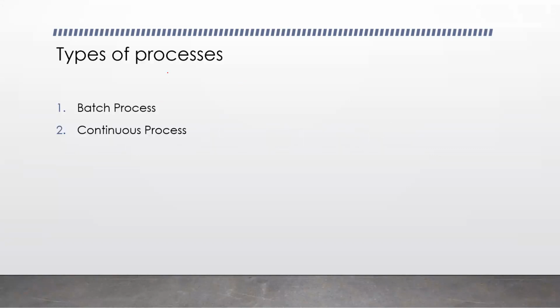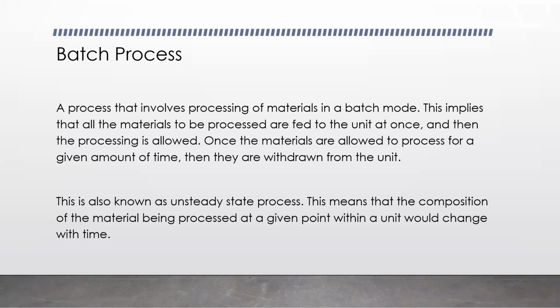There are two types of processes, batch process and continuous process. A batch process is a process that involves processing of materials in a batch mode. This implies that all materials to be processed are fed to the unit at once, and then the processing is allowed.